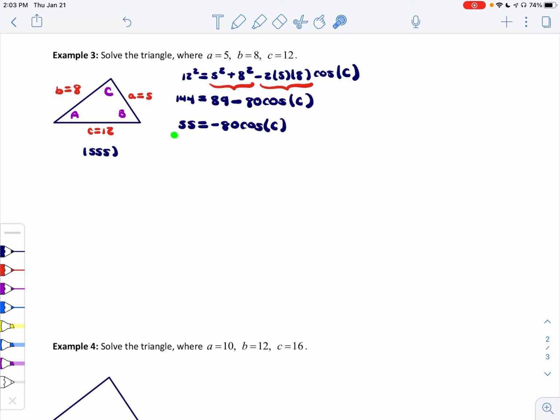And then divide both sides by the negative 80. I would come out with cosine of angle C is equal to negative 0.6875. And then lastly, to get rid of that cosine, just take an inverse cosine of both sides of our equation.